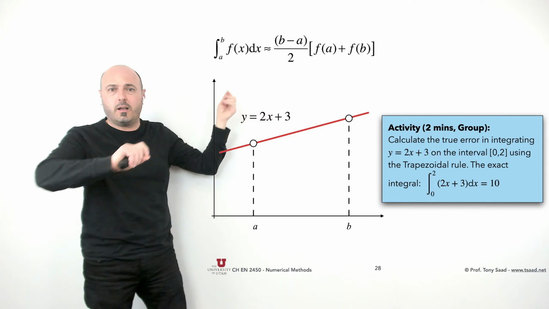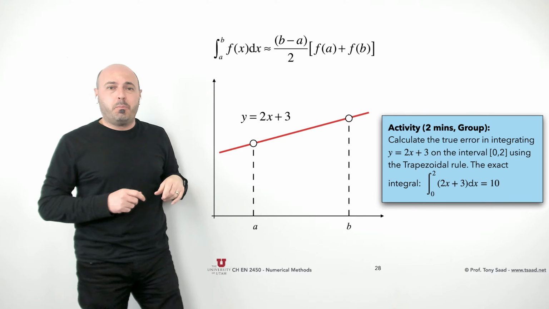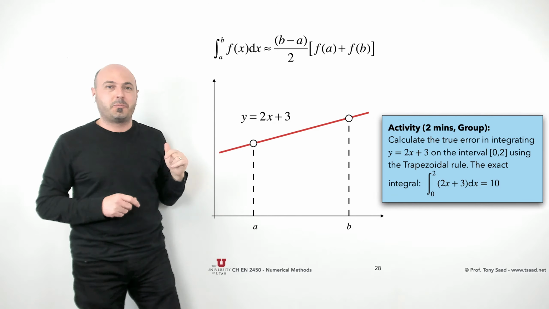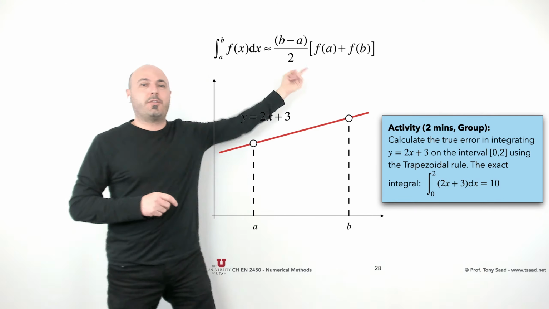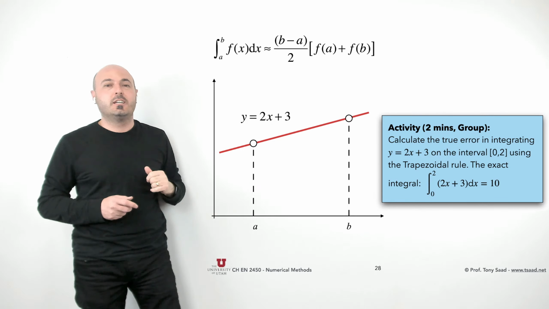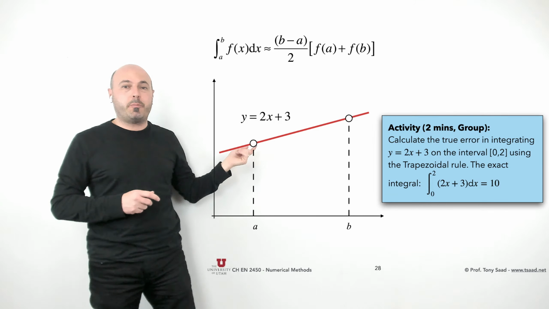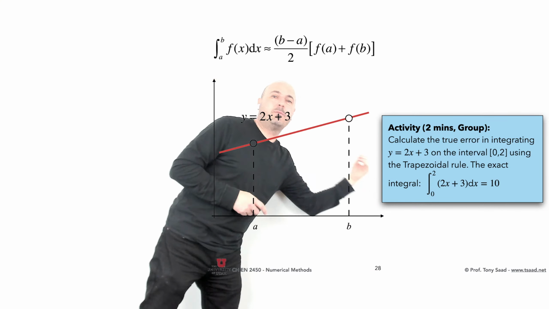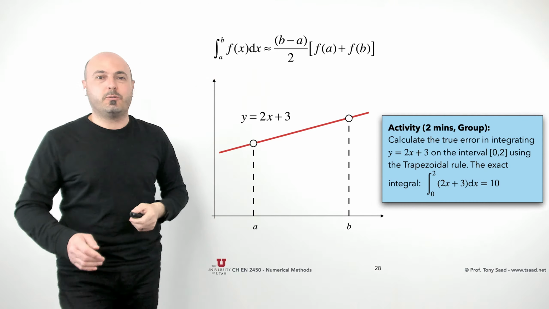You can do the formula calculated by hand. But it would be better if you give me an answer without applying the formula. What is the error in using the trapezoidal rule to approximate the integral of 2x plus 3 from 0 to 2? All right, I'll see you on Zoom.